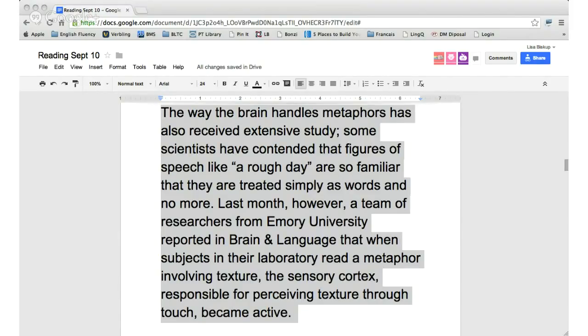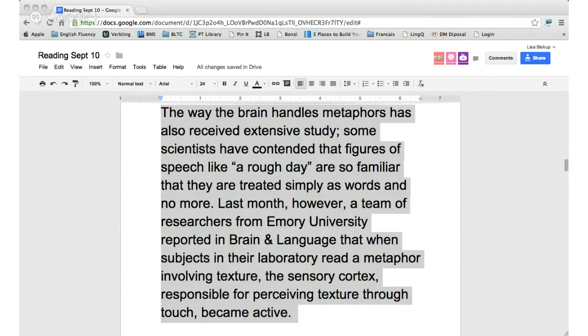The way the brain handles metaphors has also received extensive study. Some scientists have contended that figures of speech, like rough day, that are so familiar that they are treated simply as words and no more.